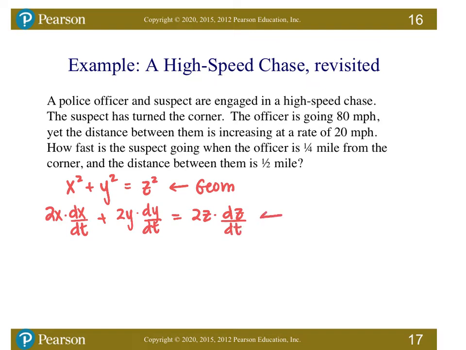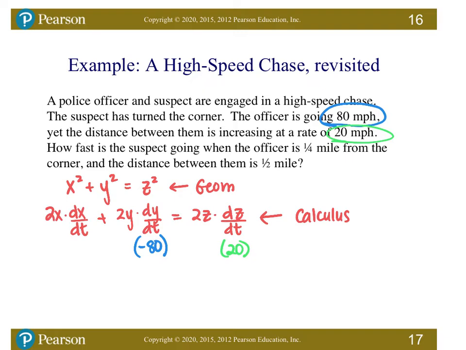So that's the calculus part of it. Now you can look to plug in some numbers. We know the officer was going 80 miles per hour, but that was negative, so that's where we put in negative 80. We know the distance between them was increasing, so positive, at a rate of 20. That went in here.